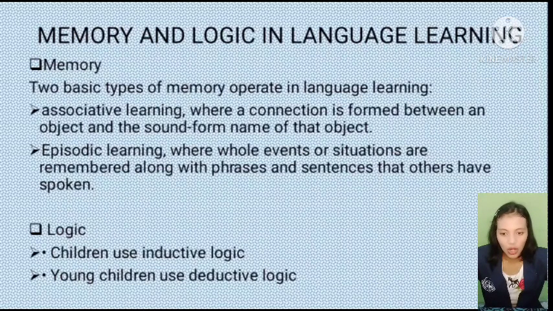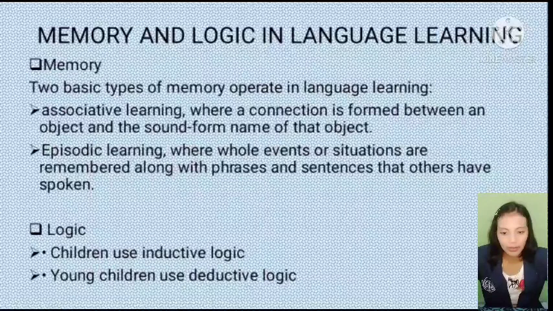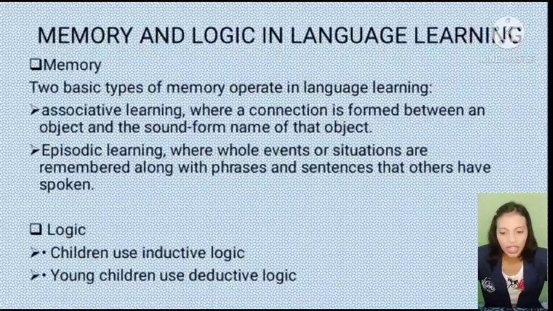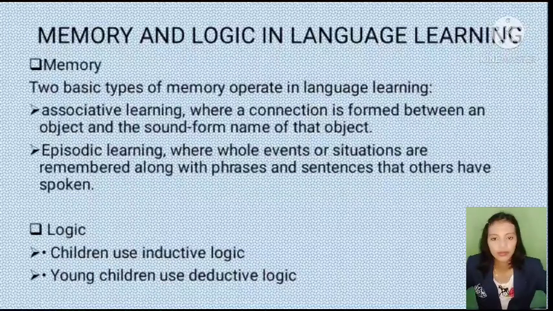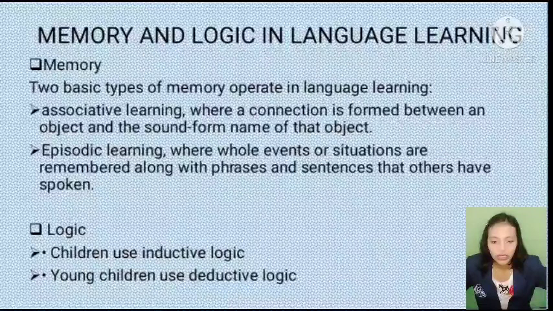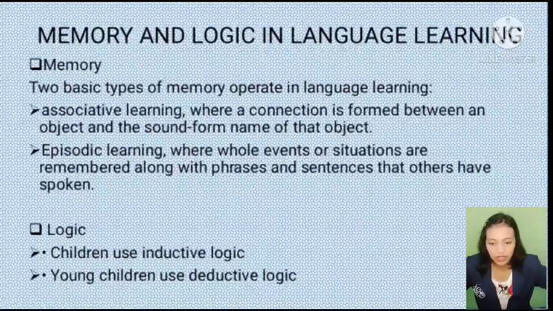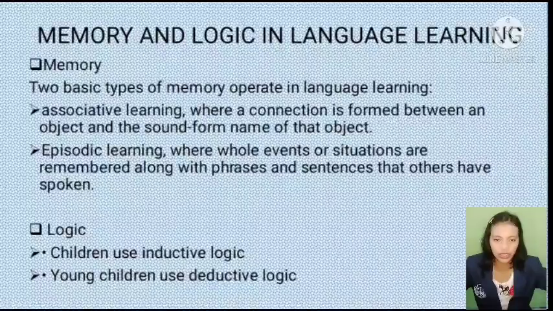The second, episodic learning, where events or situations are remembered along with phrases and sentences that others have spoken. The logic: the first one, children use inductive logic. Second, young children use deductive logic.